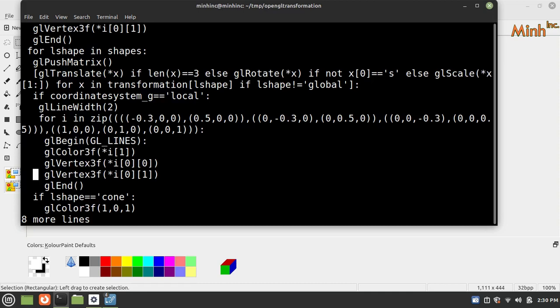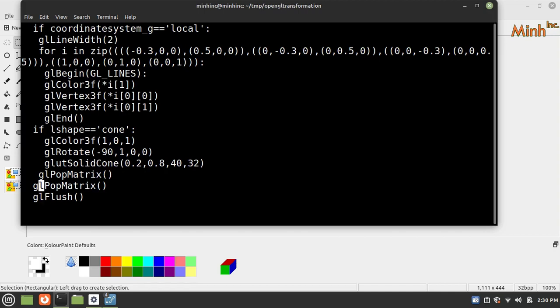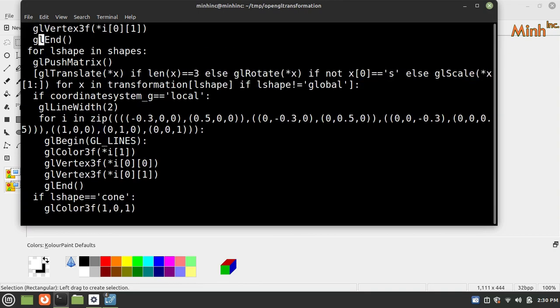Okay, now we are iterating through shapes, and if coordinate system is local, then it's a good idea to draw the, okay, so I think we'll keep it there only because it has shapes for the cone.